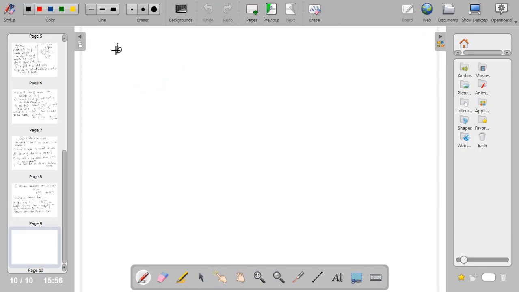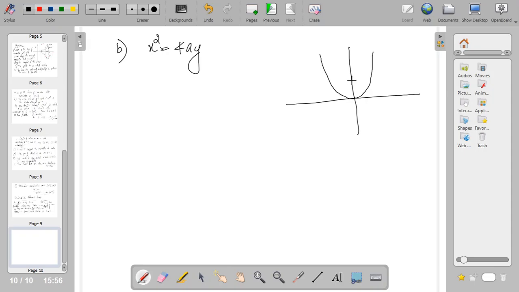And the next parabolas are the parabolas with axis along the y-axis. So let us take x square equal to 4ay. So x square equal to 4ay is a parabola having vertex at the origin, and the focus is going to be 0, a, and the directrix is y equal to minus a. It's a parabola that will be opening upwards.